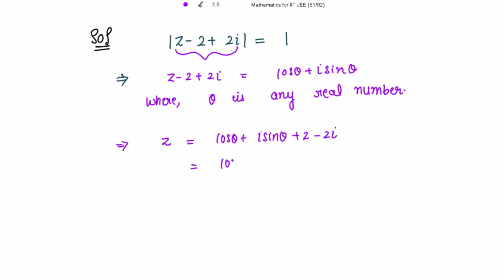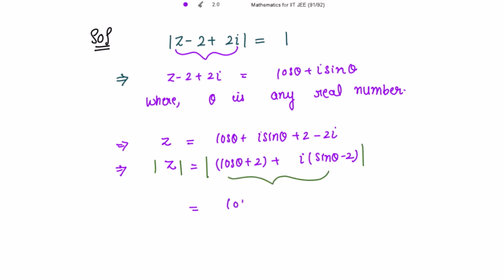Collecting the real parts together and the imaginary part together, taking mod on both the sides, and then further this can be written as square of the real part plus square of the imaginary part under the root, right? Let's simplify this further.